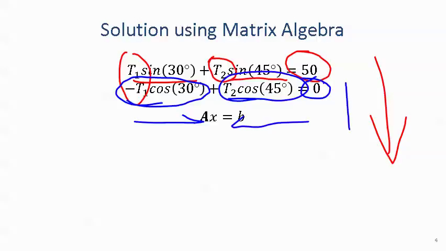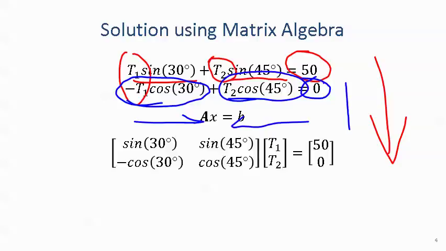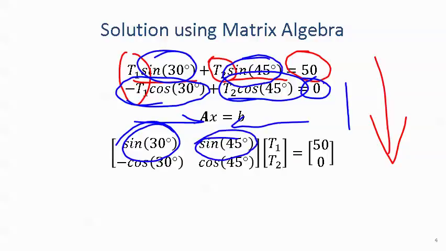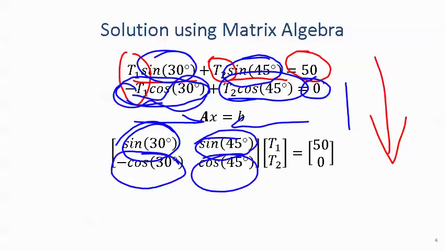We go back to our typical matrix solution statement. The matrix A times the unknown vector equals a result vector B. And here's what it looks like in our problem set up in matrix format. Here we've got our sine of 30 degrees, our sine of 45 degrees, minus the cosine of 30 degrees, and the cosine of 45 degrees.